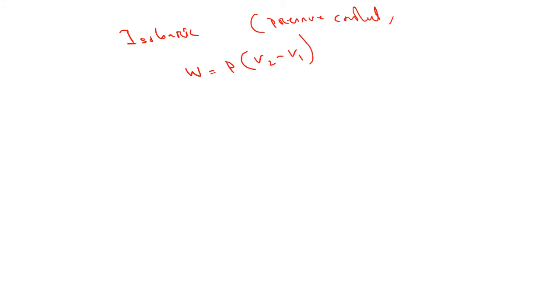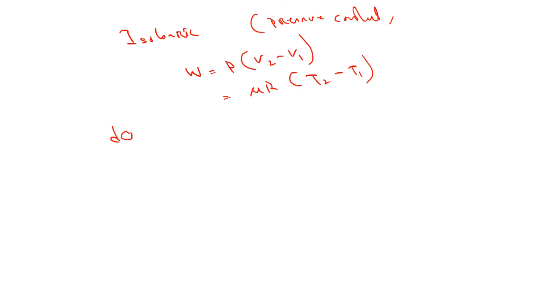Now next is the isobaric process. Isobaric means pressure constant. Pressure is constant, so V2 minus V1, the volume may change. We can also write the term T2 minus T1.